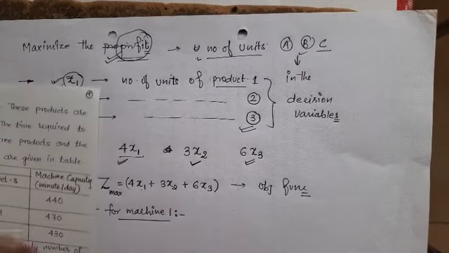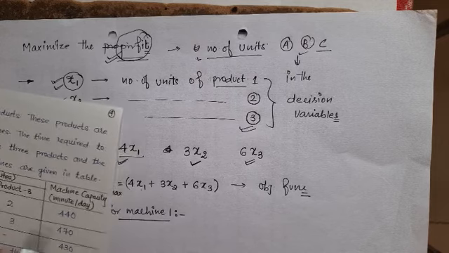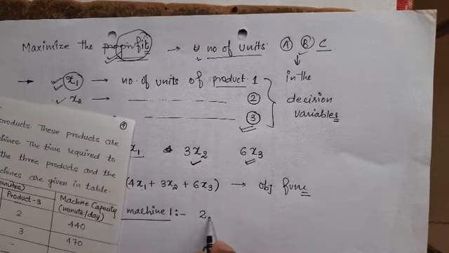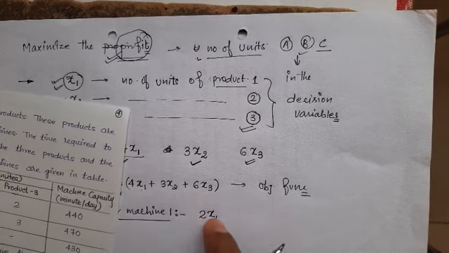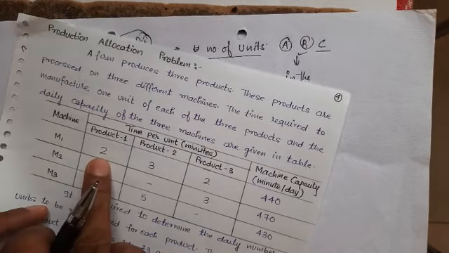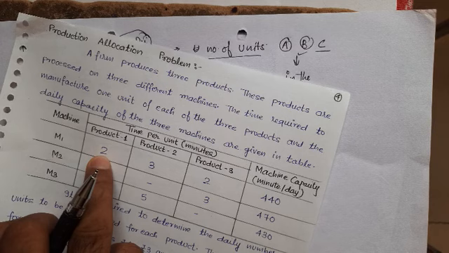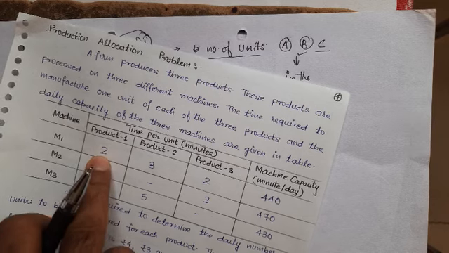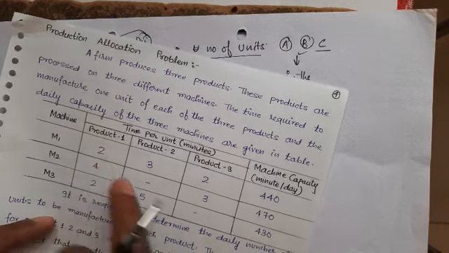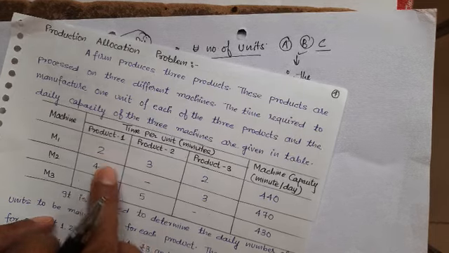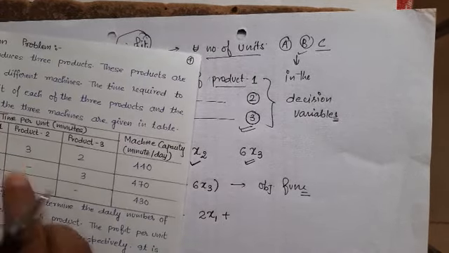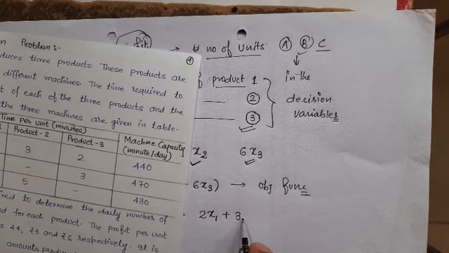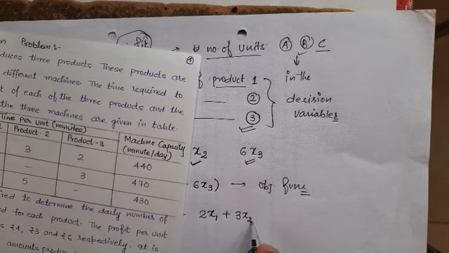For machine 1, 2 minutes per unit, and the number of units is x1, so x1 into 2. Similarly for product 2, it will be 3 per unit, and the total units are x2.